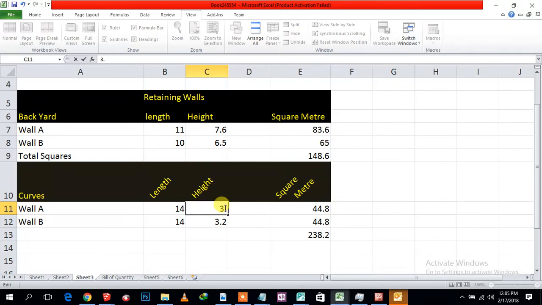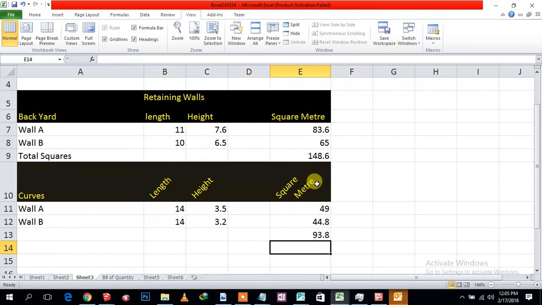I'm saying 7.5, but on average it's about 7.6 meters. So let me say 7.5, 3.5. Let me split this total. On the dimensions, we're going to have a total of about 93 square meters.